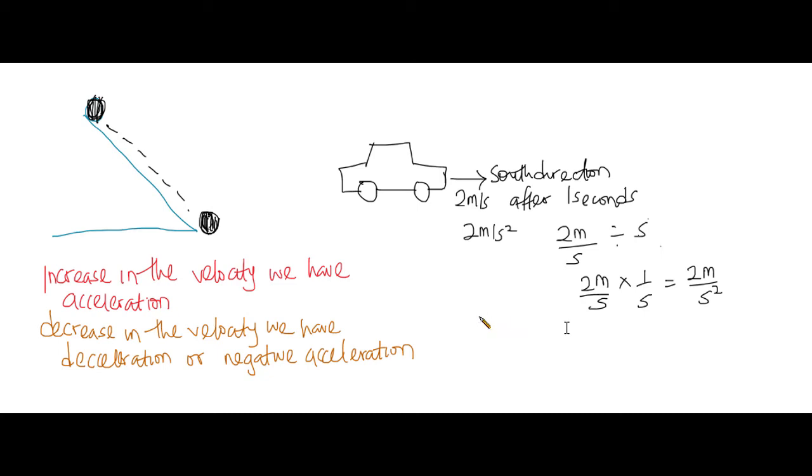And we can take an example also on acceleration. Suppose a car starting from rest accelerates to a velocity of 20 meters per second in 5 seconds. Determine the acceleration. Here we have at rest, so the initial velocity would be 0 because it is not moving.